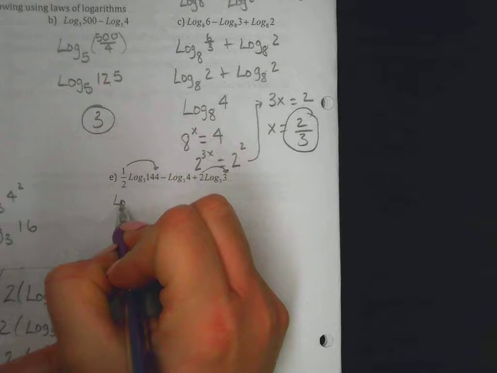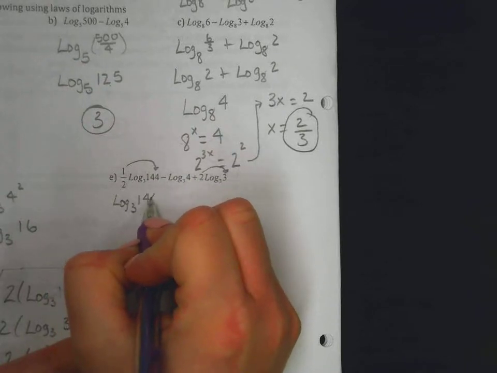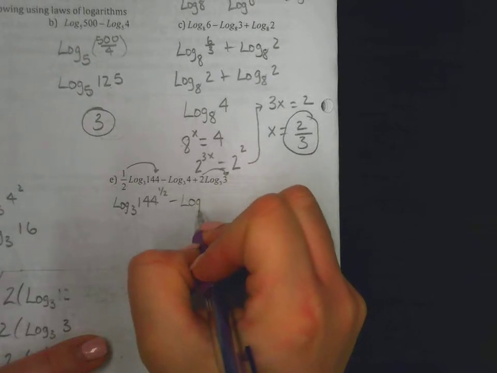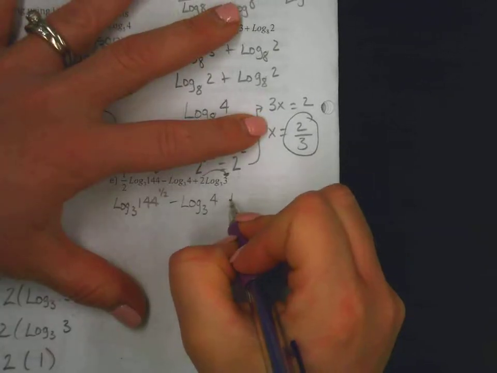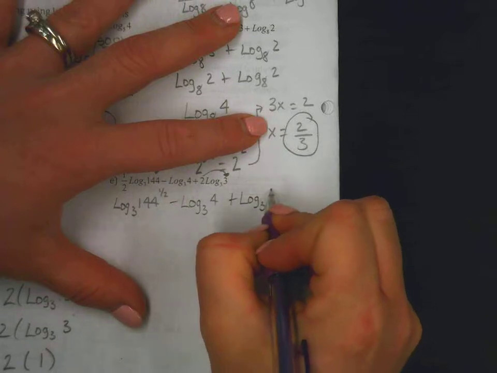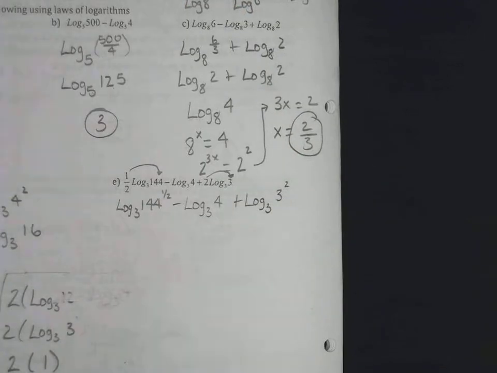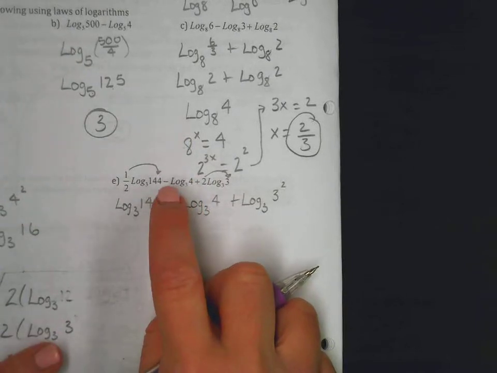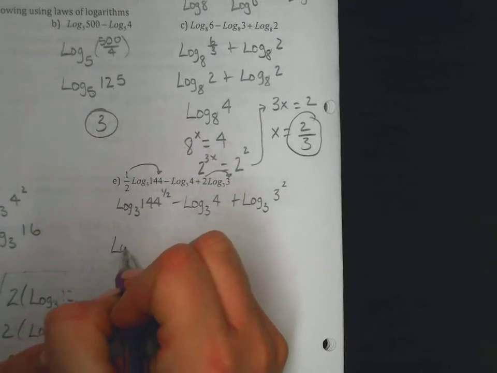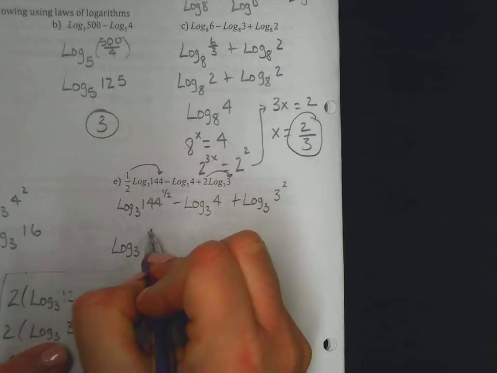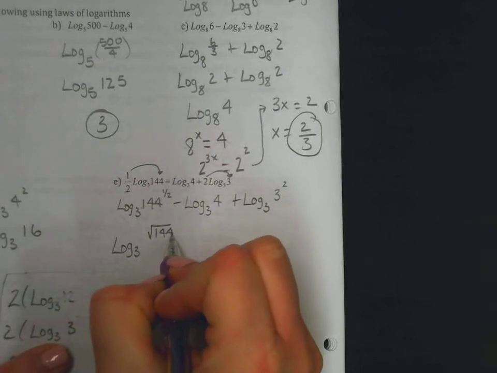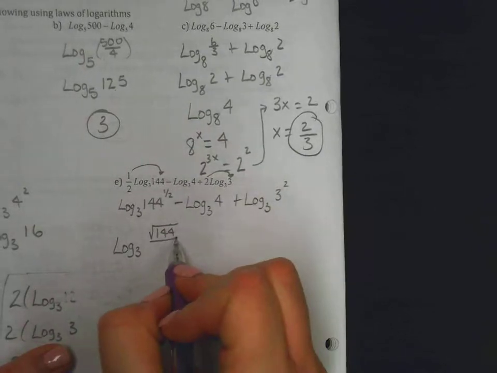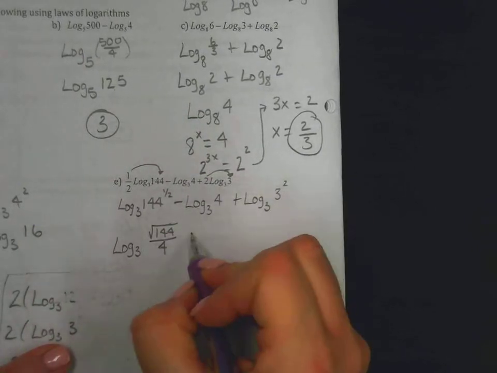So I'm going to rewrite this as log base 3 of 144 to the exponent of 1/2, minus log base 3 of 4, plus log base 3 of 3 squared. Well, technically 144 to the 1/2 could be rewritten as the square root of 144. And then a minus expression means I'm going to use the quotient law, so technically that's going to be divided by 4.